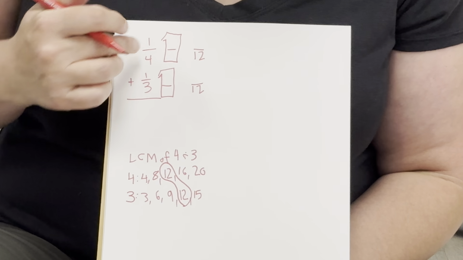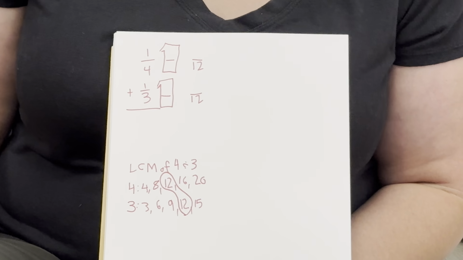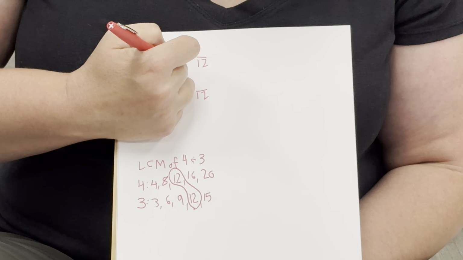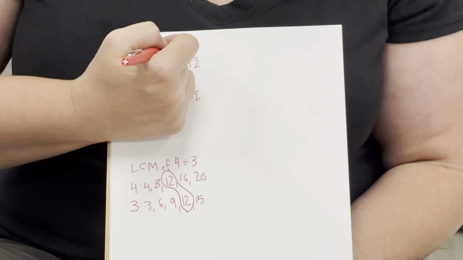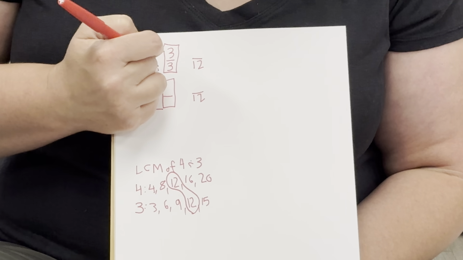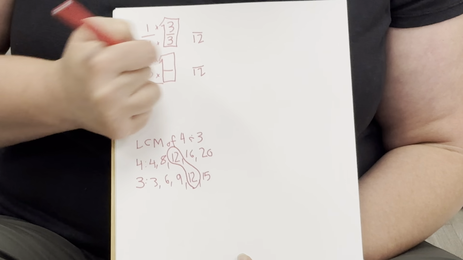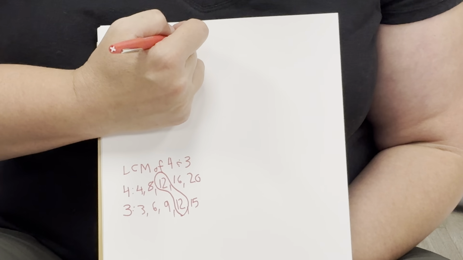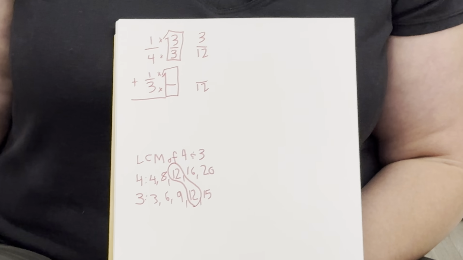So 4 times some number is 12. 4 times what? 3. And how many thirds are in 1 whole? 3. So 3 thirds is the same as 1. I didn't write my little multiplication symbol. So 1 times 3 is 3. And we'll just check: 4 times 3 is 12.